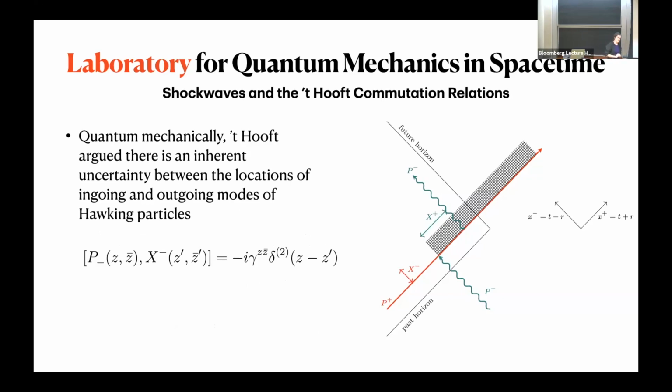You can write down a shockwave effective action where these very naturally become the conjugate set of operators. But I'm just going to say this is what he wrote down, that there's a conjugate pair of momenta and position, because x minus, when you lower it, becomes x, p minus and x minus. The blue pairs here are the conjugate pairs. And he said, these are going to have a commutation relation that just depends on a delta function on the transverse directions.